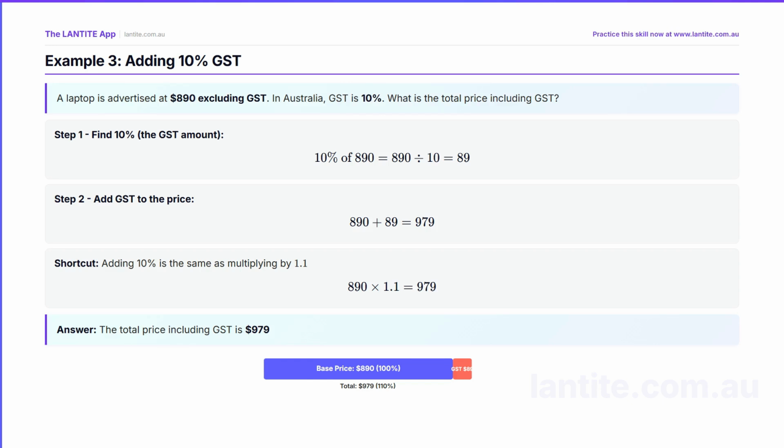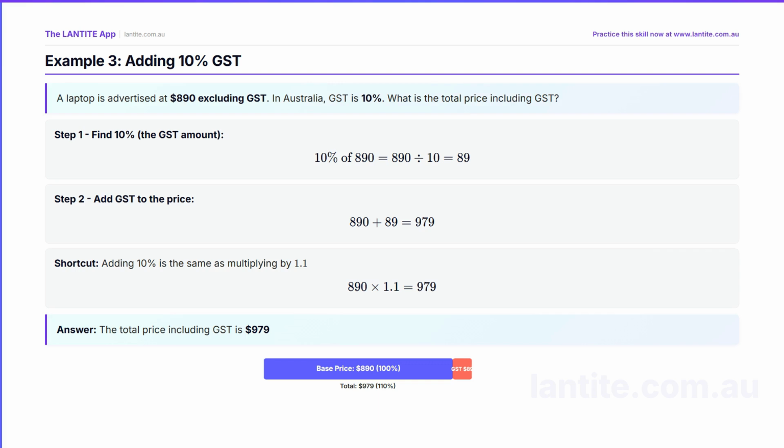Here's a very common LANTITE scenario: GST calculations. A laptop is advertised at $890, excluding GST. In Australia, GST is 10%. What's the total price? Step 1. 10% of $890 is $89. Step 2. Add the GST to the base price. 890 plus 89 equals 979.